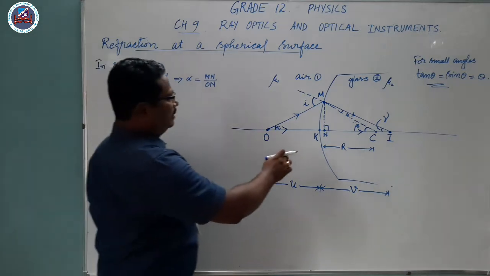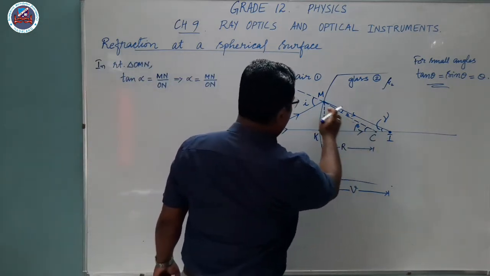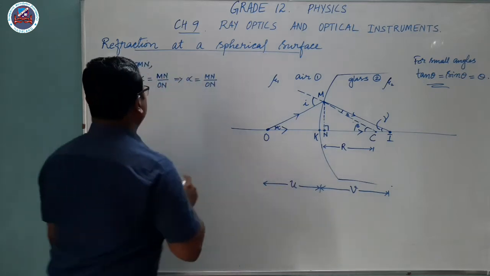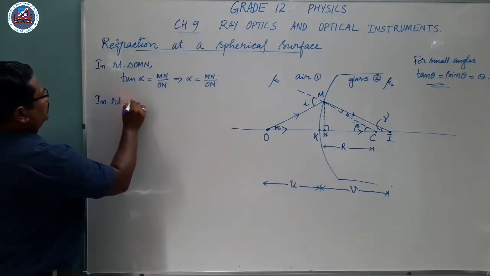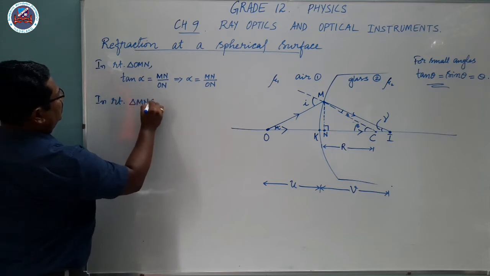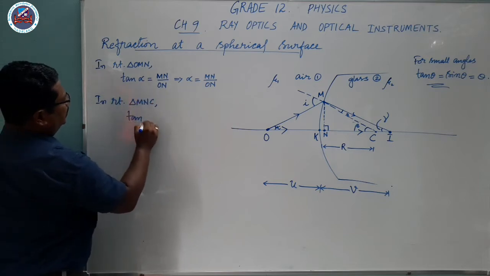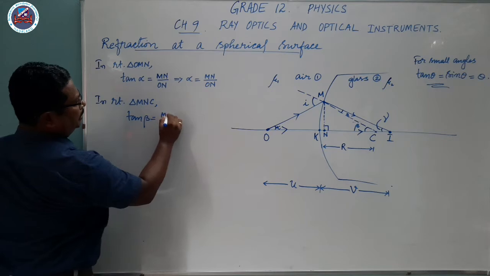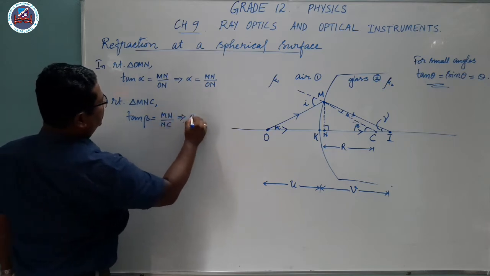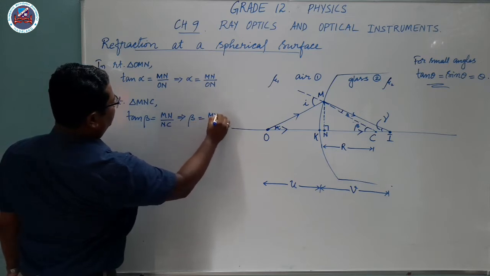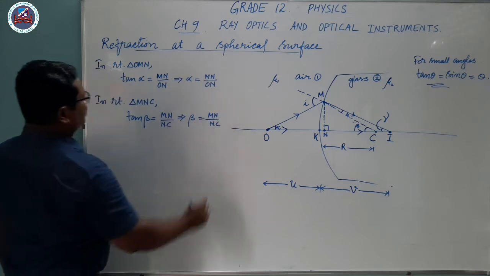In right triangle MNC, you can find tan beta. Tan beta is equal to MN by NC. This will give us beta is equal to MN by NC.